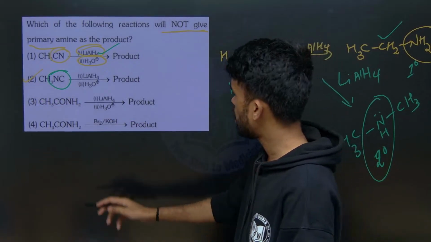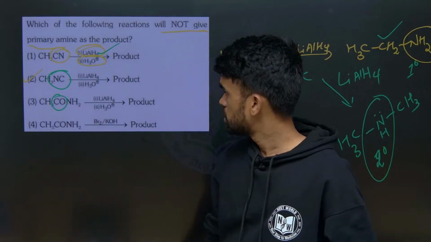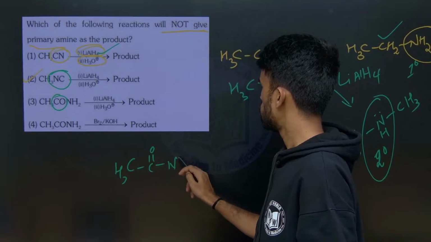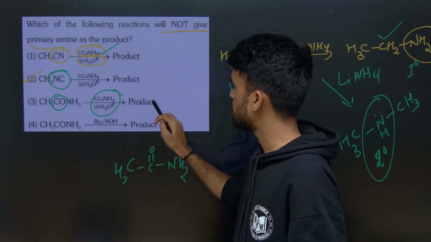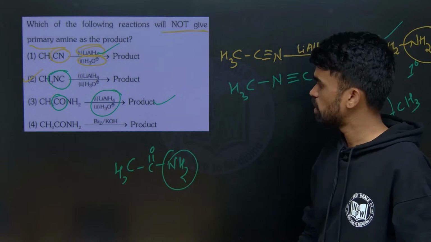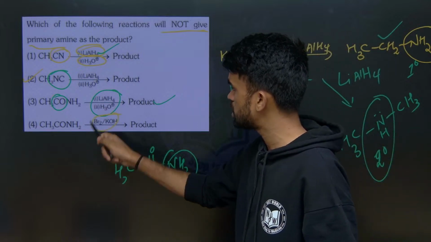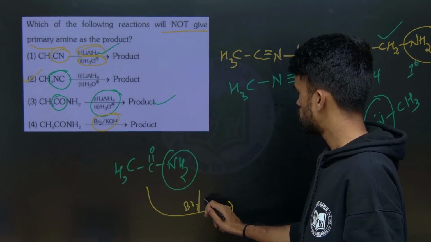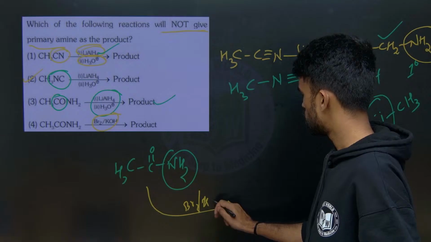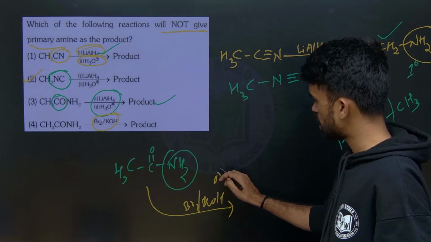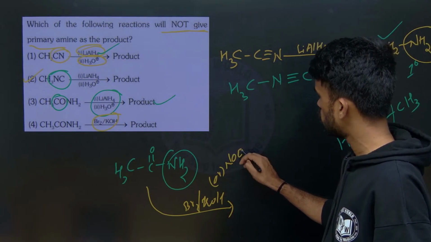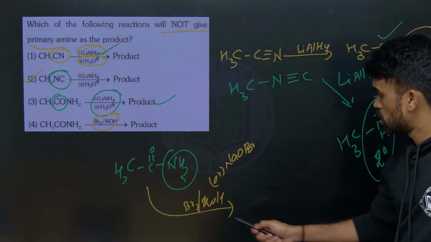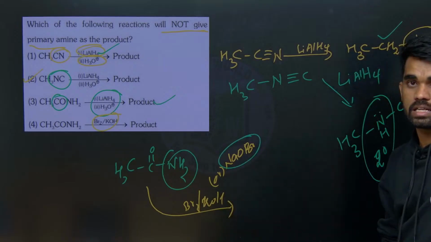Whenever we have an amide, CH3CONH2, it also produces a primary amine. This is the Hoffmann degradation product. On treating with Br2 and KOH or NaOH, sometimes mentioned as NaOBr, hypobromous acid, this mixture is given like this also, NaOBr.